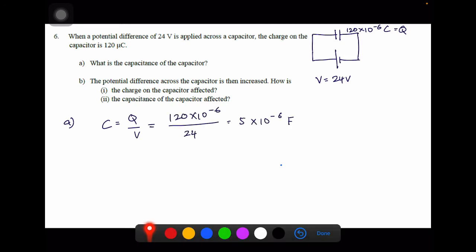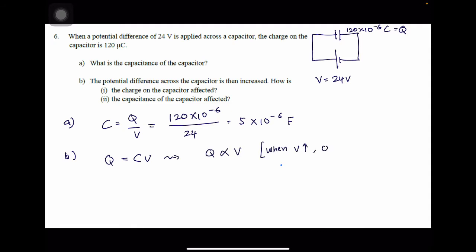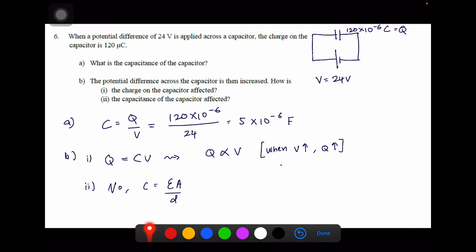B, the potential difference across the capacitor is then increased. How is the charge on the capacitor affected? So the V now increases, and they just want to find the relation.